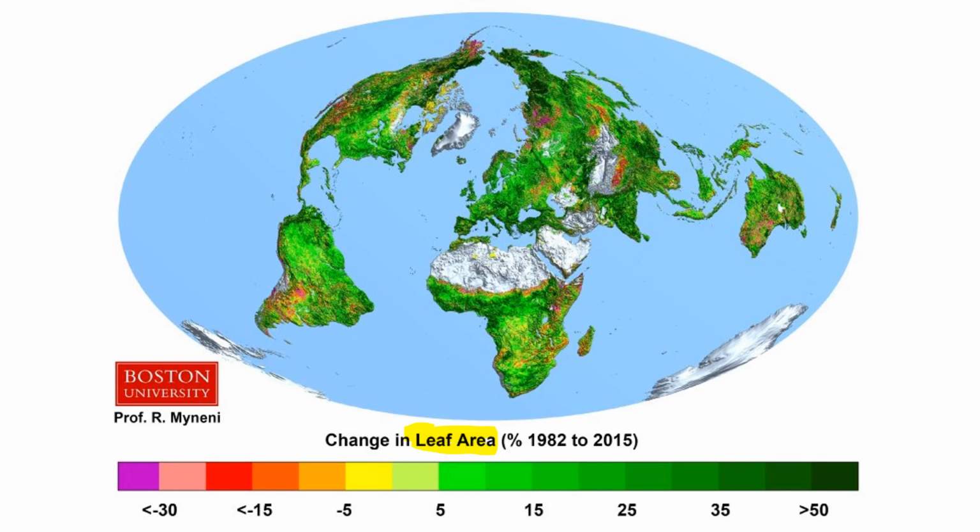And that can be measured quite precisely due to the chlorophyll in the leaves. And what we see in some areas, you see a dark green. That means we have more plants than 40 years ago, and especially also in Europe. You see small spots like here, they have less.